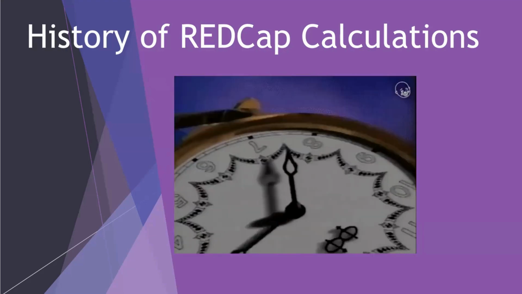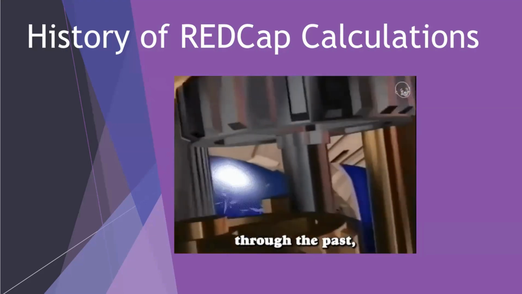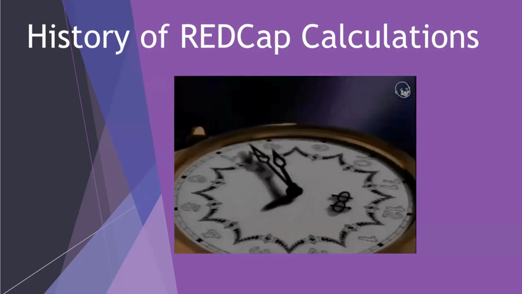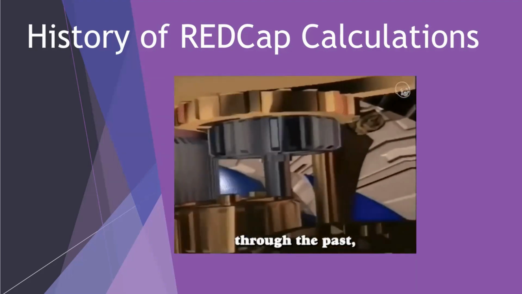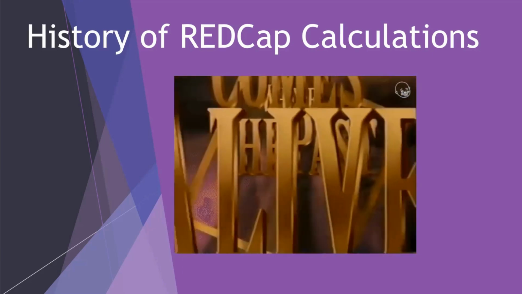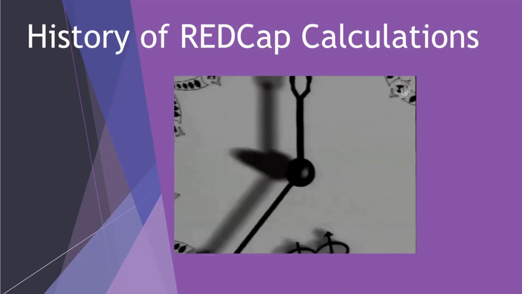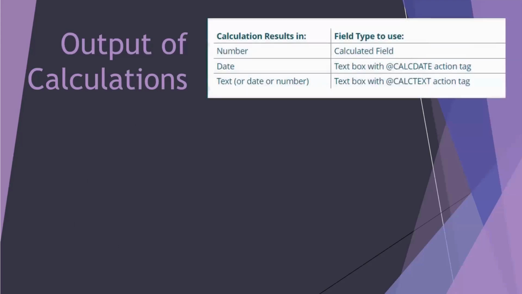But again, this is only for versions 10.4.0 and higher. Calc date and calc text became available for Lifespan REDCap users in November of 2021 when we upgraded to version 11.1.18. CNE, you guys should have this by the end of July, I'm told. So calculations can now result in numbers, dates, or text.